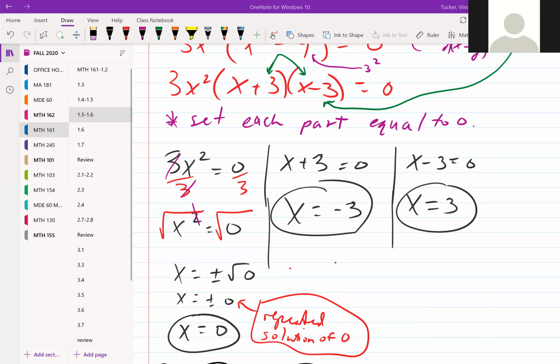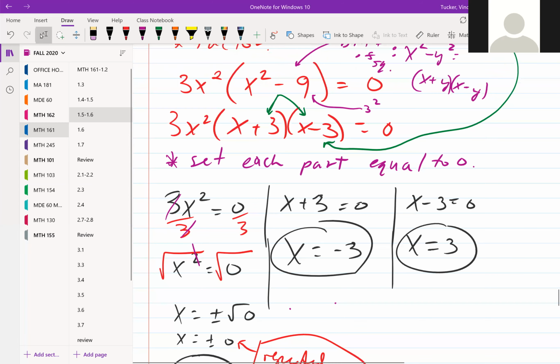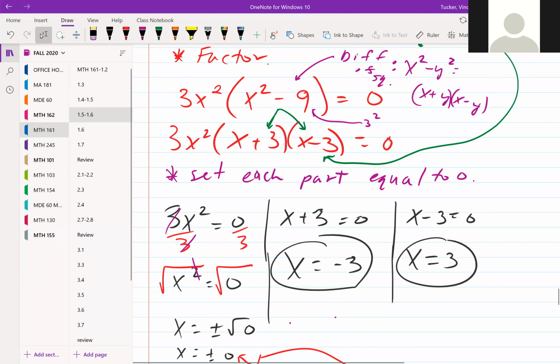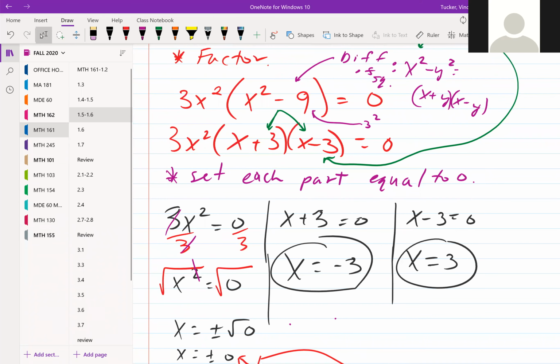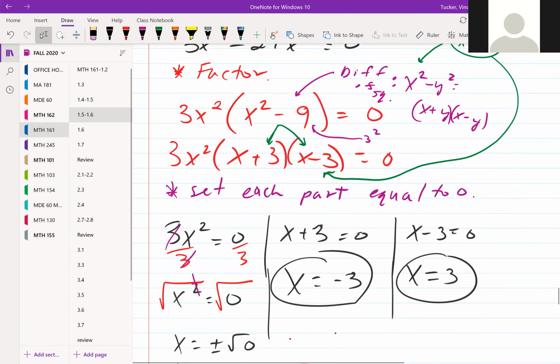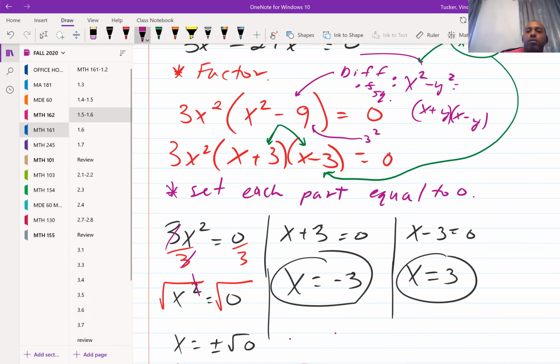I don't really understand how, like, scroll up a tad bit, where you put all that up there. The x squared minus y squared equals x plus y. Oh, that's the difference of squares formula. So that goes back to factoring.